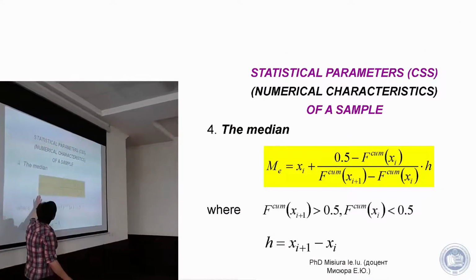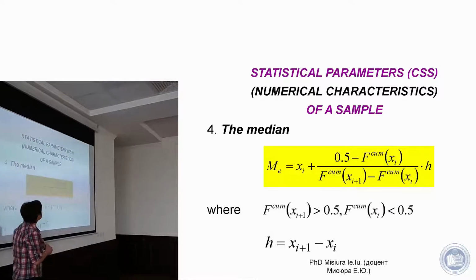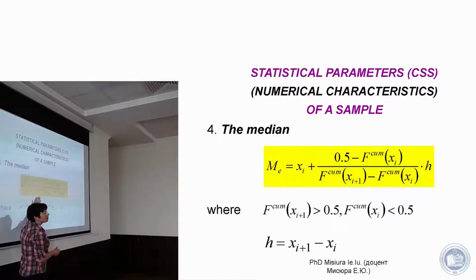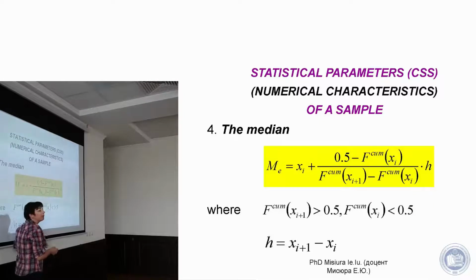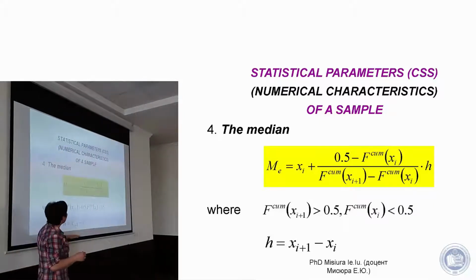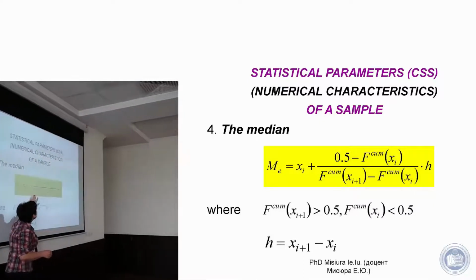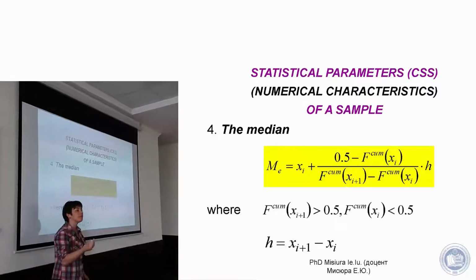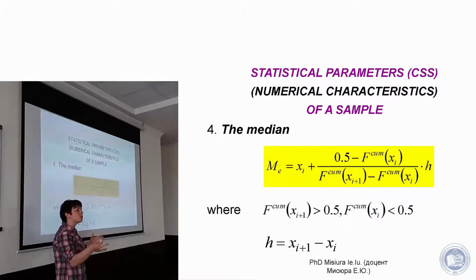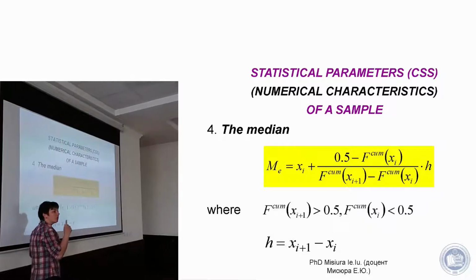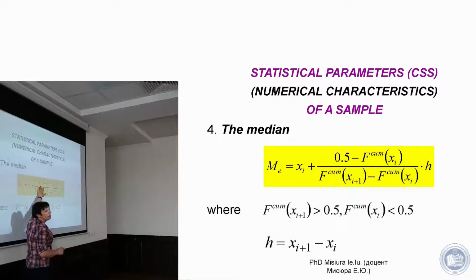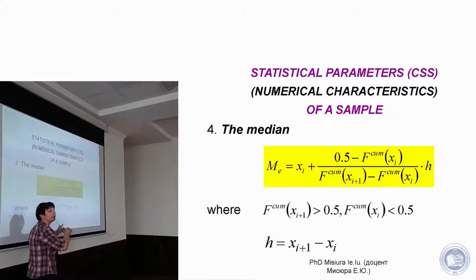Please look at ME equals xi plus this fraction, 0.5. What does it mean? Please remember, all values of this function, cumulative function f, lie between 0 and 1. And the midpoint will be 0.5. It's the midpoint between 0 and 1.